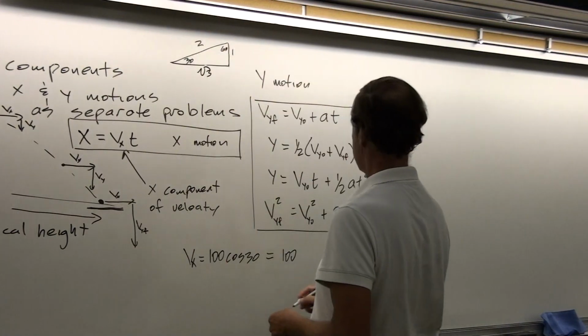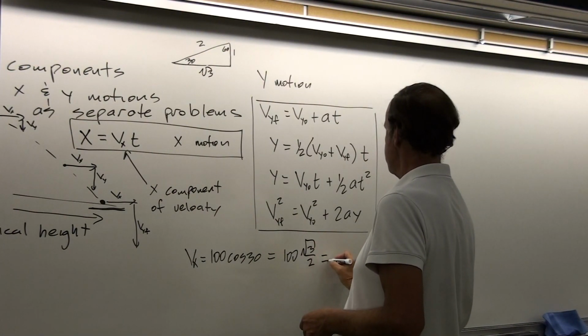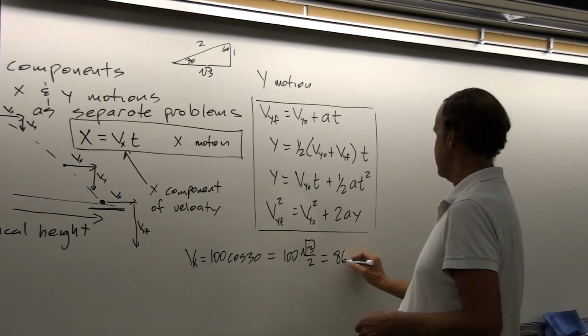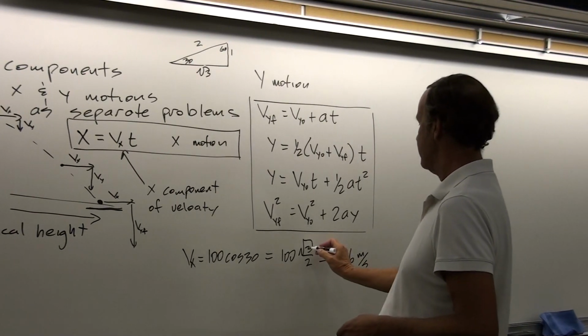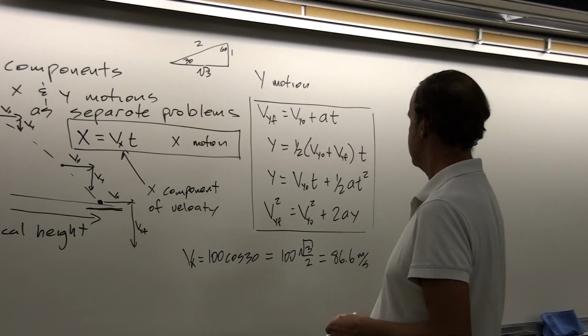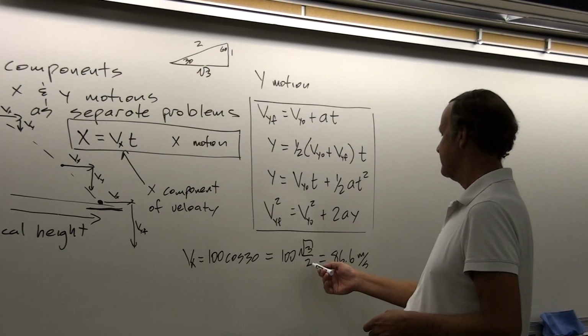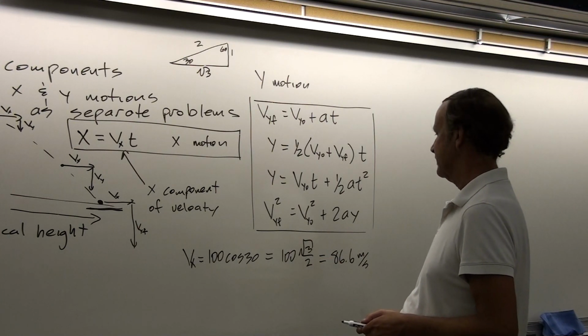So the cosine of 30 is root 3 over 2. And so that gives us 86.6 meters per second. Okay. The square root of 3 is 1.73 divided by 2 is 0.866. And 0.866 times 100 is 86.6.